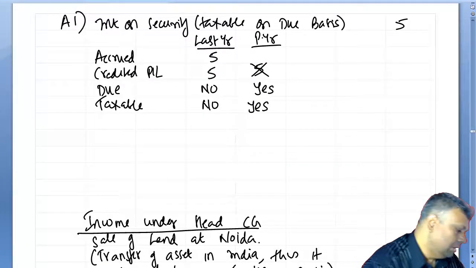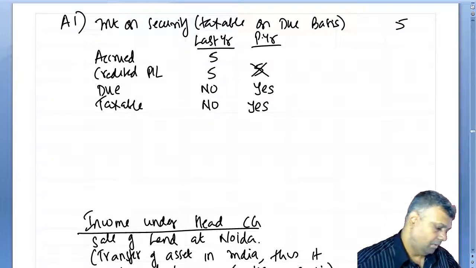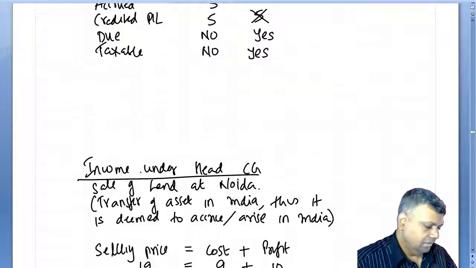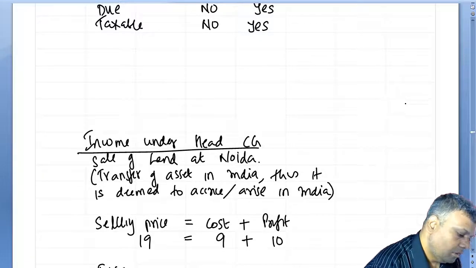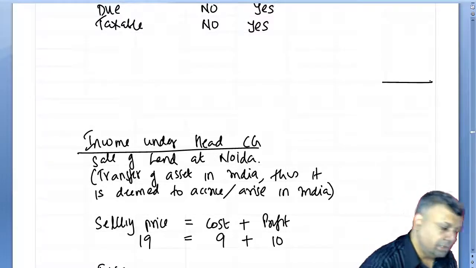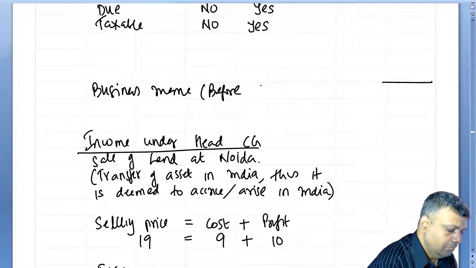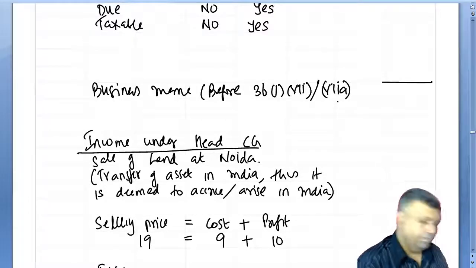Now I have to give the deduction under 36(1)(vii) and 36(1)(viia). That will be my last adjustment in the business income. So I'll say business income before the deduction under 36(1)(vii) or (viia).